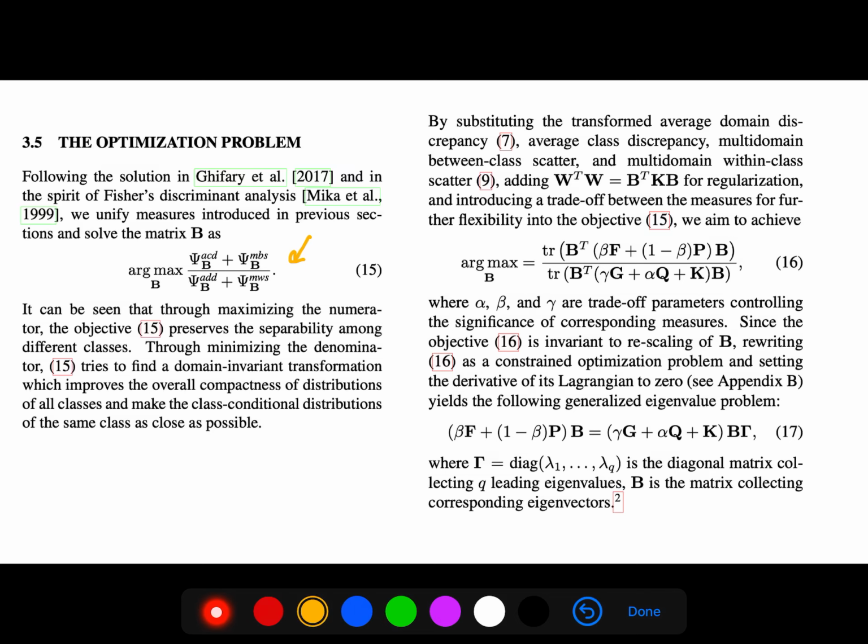Minimizing the denominator tries to find a domain invariant transformation, which improves the overall compactness of distributions of all classes, and makes the class conditional distributions of the same class as close as possible.